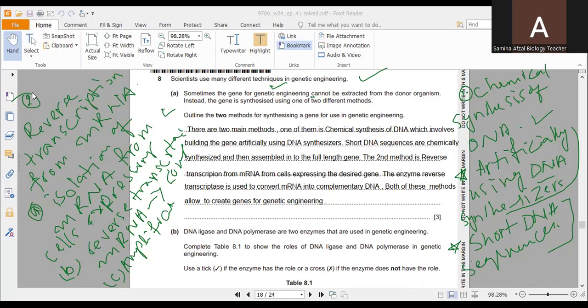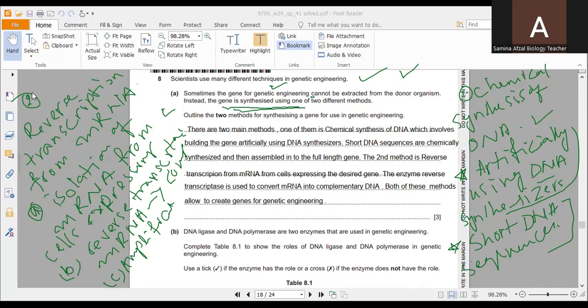By using these two types of methods, the genes are synthesized. For these, no donor is required.